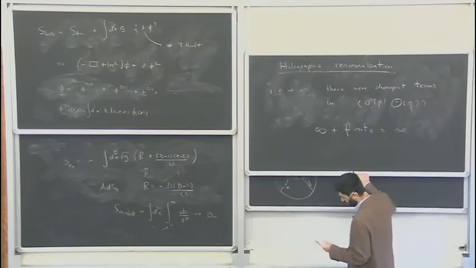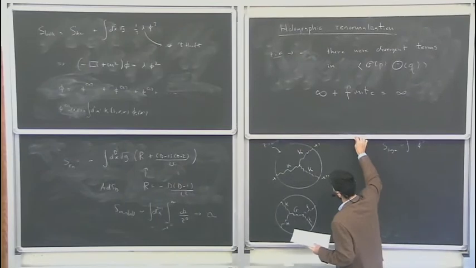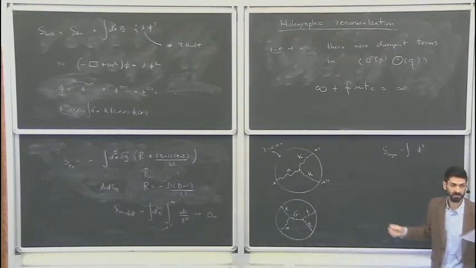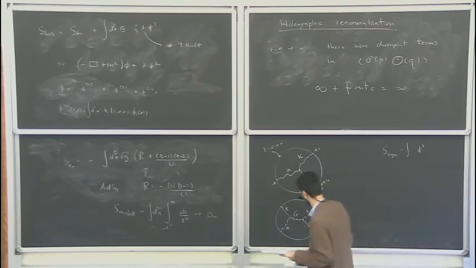So this is really a general feature. It is not to do only with scalars. It has to do really with the fact that ADS has an infinite volume and is a non-compact space.